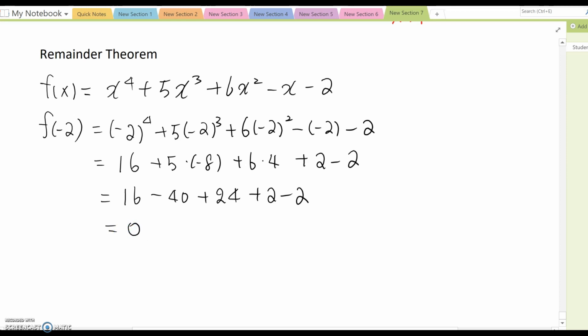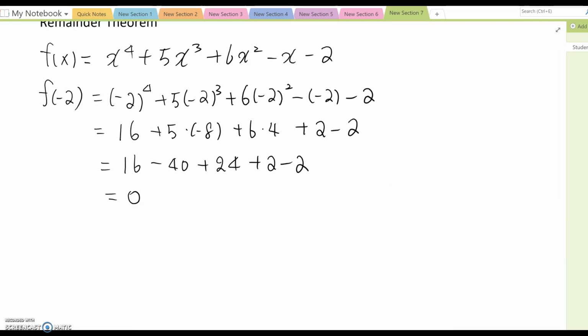Okay, so look at this result carefully. After we plug in negative 2, we got 0 here, right? Then, in this case, x equal negative 2 is a factor of f(x).